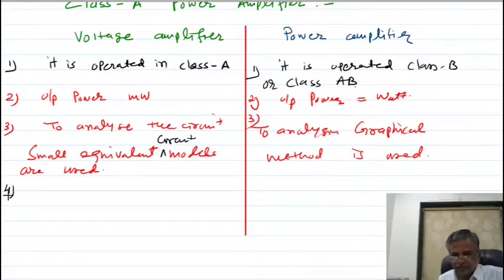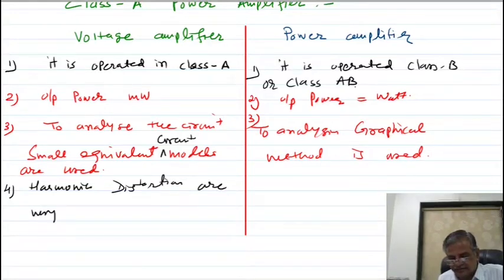Fourth, harmonic distortion. Here in the voltage amplifier, harmonic distortion is very less.